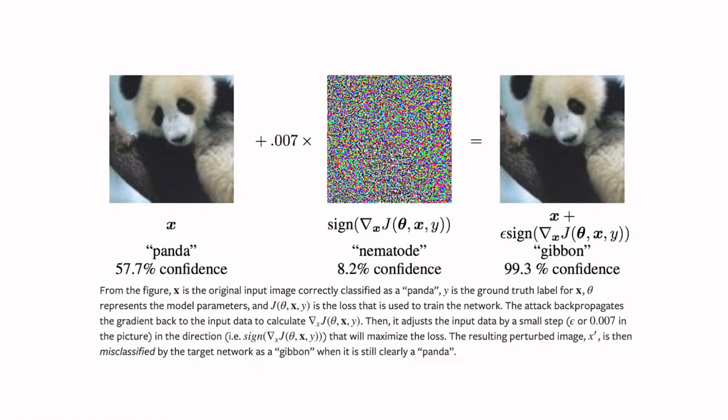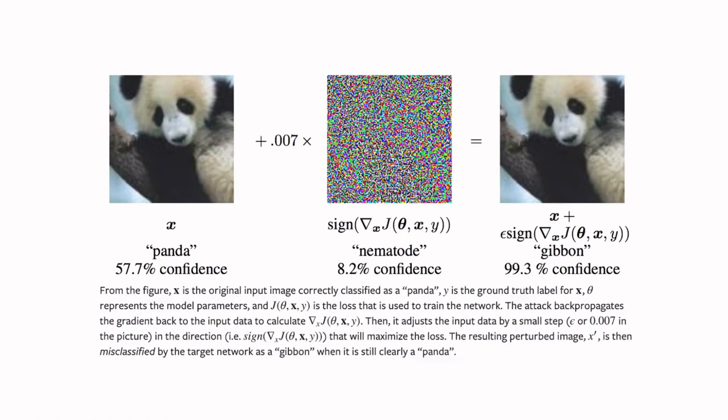Here is an example of what we are talking about. Let us say that we take an image of a panda. The network has been trained on this image, and when we present this image without any perturbation, the network has 57.7% confidence that it's a panda image.